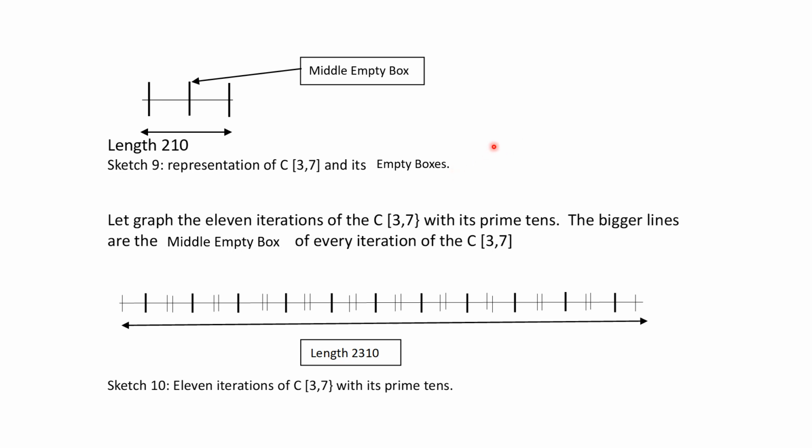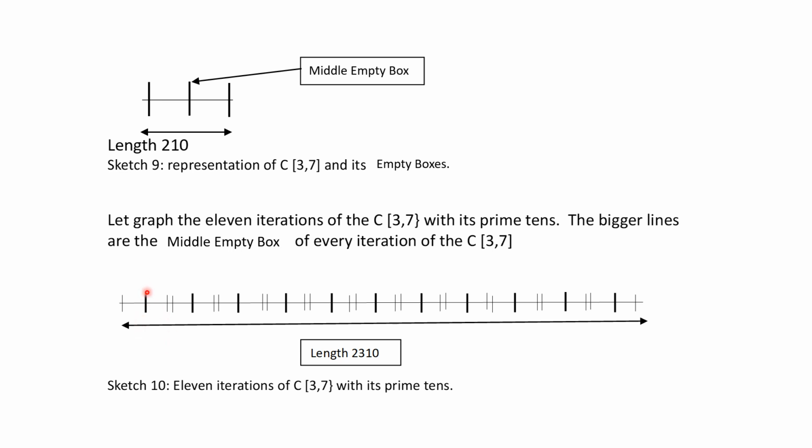So there are going to be some empty boxes that are going to stop being empty, because they're going to have a multiple of 11 ending in 1, 3, 7, or 9 in that box, right? So it will stop being an empty box. If we don't take into account the multiples of the cycle of 11, these are the 11 repetitions of the cycle of 3 and 7.